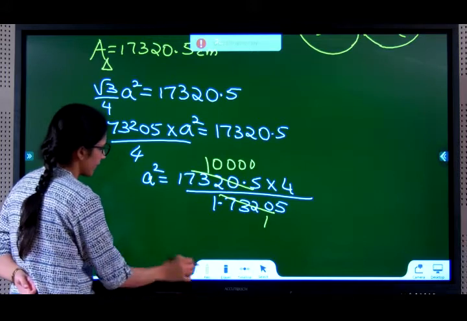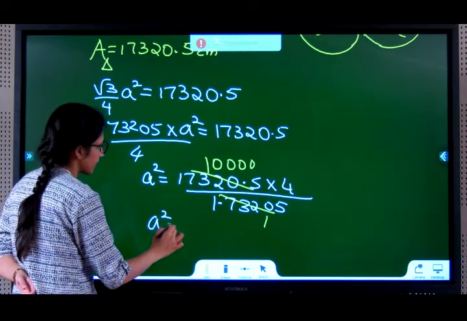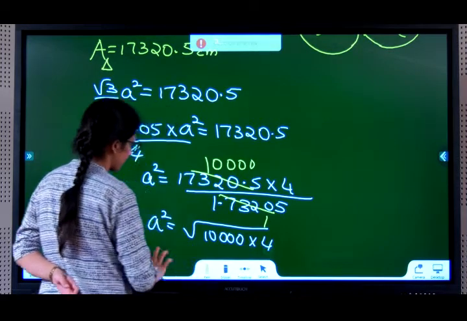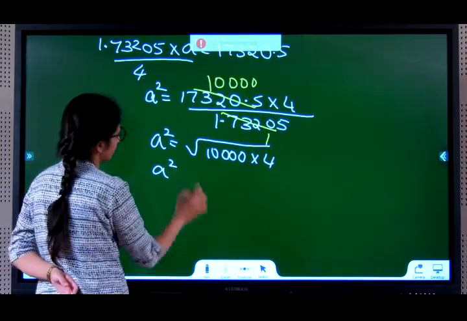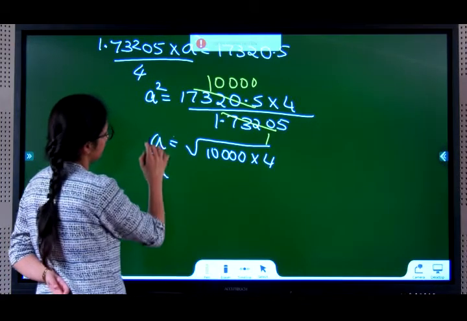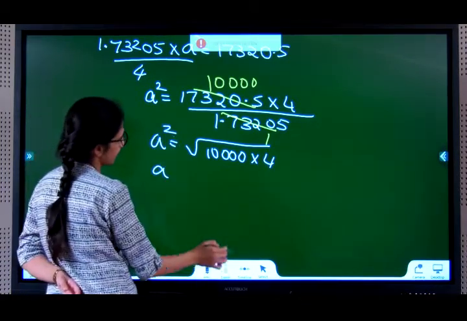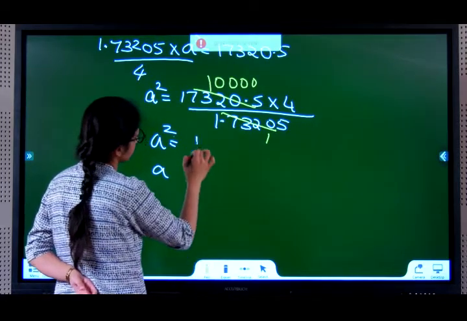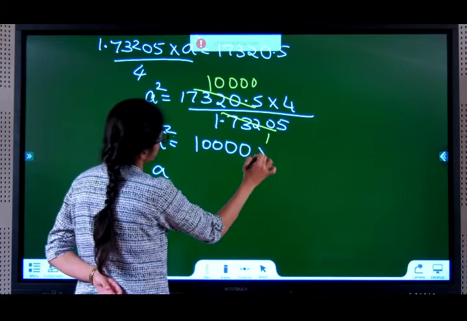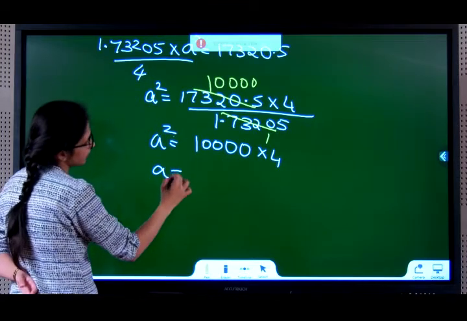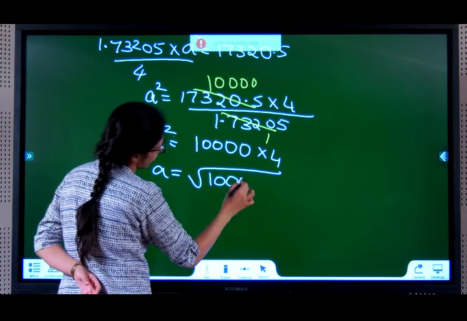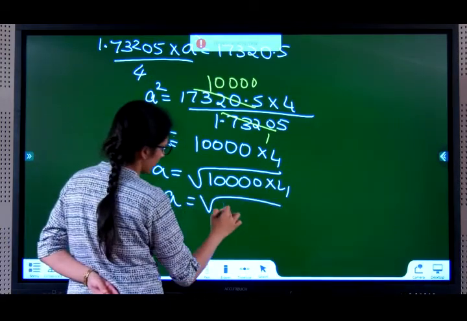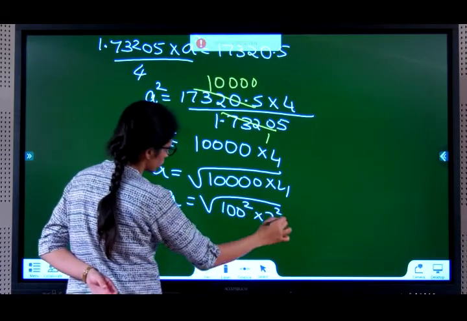Now I can therefore write a square is 140 into 4, with 4 zeros. Taking square root, it becomes square root of 4 zeros into 4. 4 zeros can be written as 100 square and this can be written as 2 square.